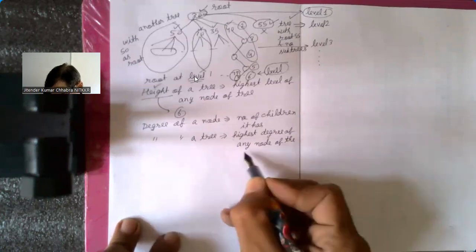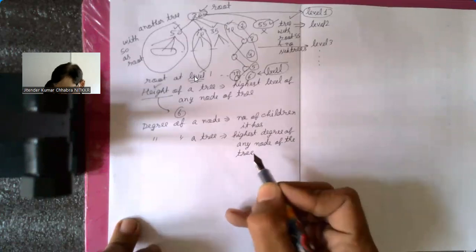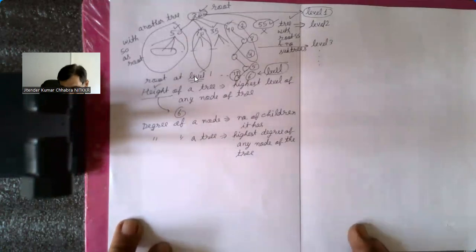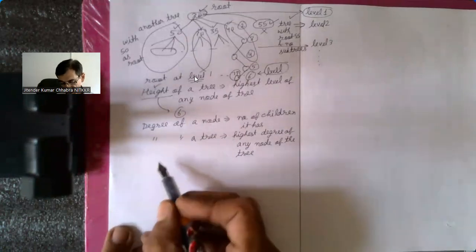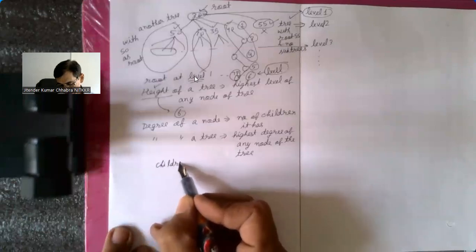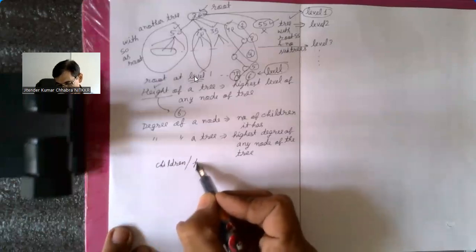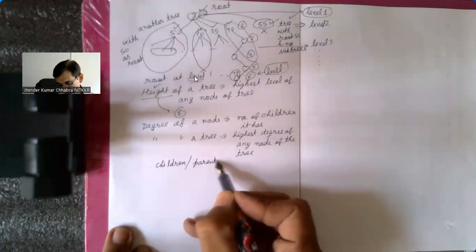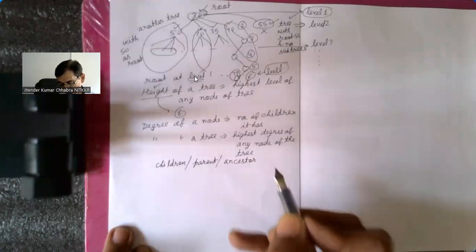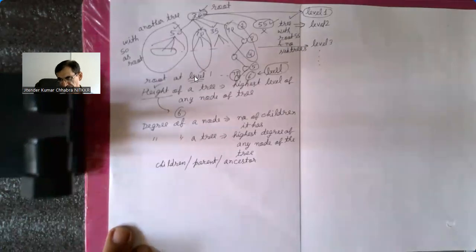So these words will be used in various discussions, but all these words are logically very simple to understand. So I can always say we have these children, or we have the ancestors, or grandchildren, parent, degree, height, ancestor. Ancestor means, of course, the forefathers, like my parent was my one ancestor, the next level ancestor was grandparent, grandparent was a higher level of ancestors.